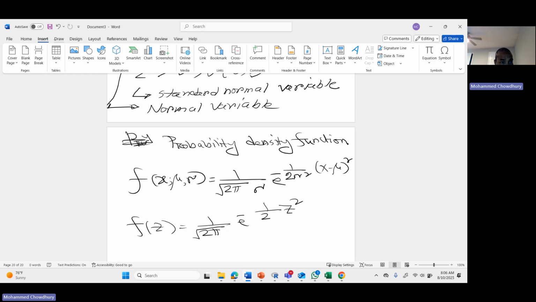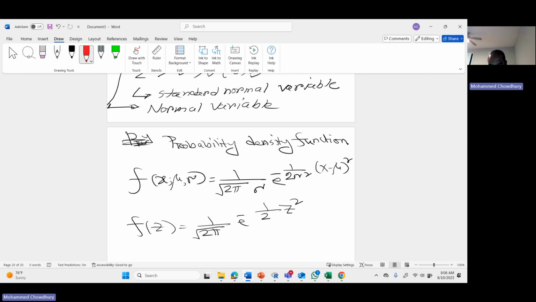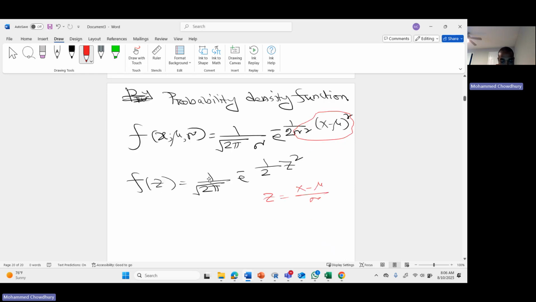Let me take a note in here. This part is the z square, okay? Because z equals x minus mu over sigma, and then there is a square. So this is the probability density function of the standard normal distribution.